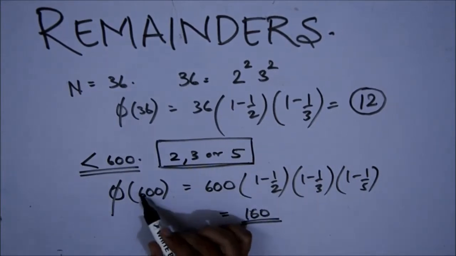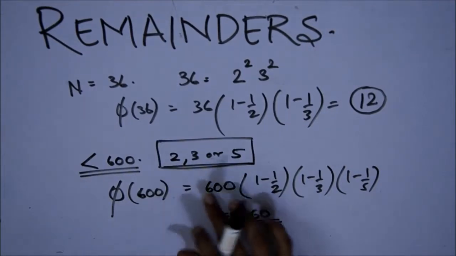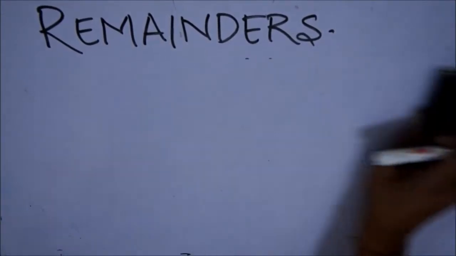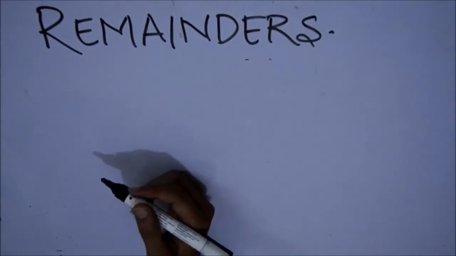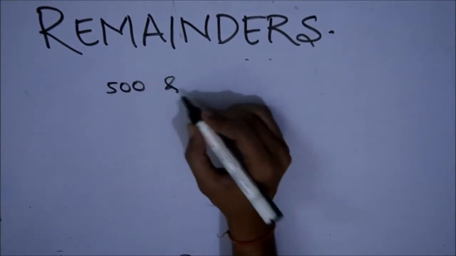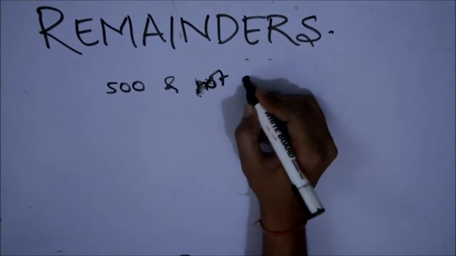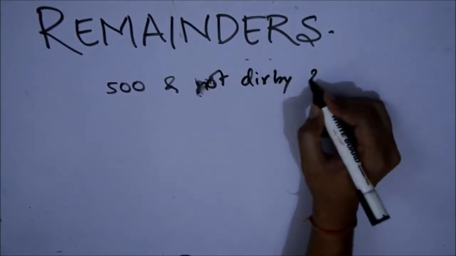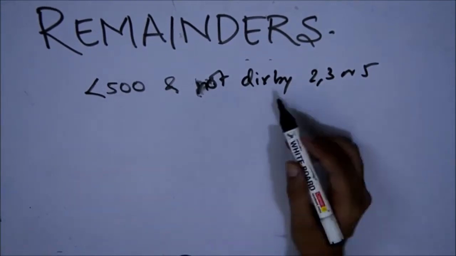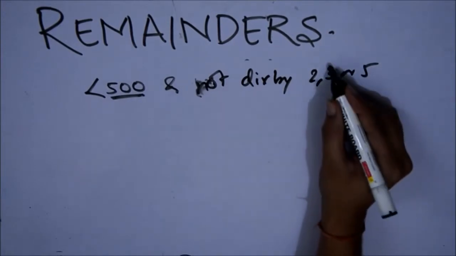Now since 600 has all these three factors, it is easier to calculate. What if it is not a factor? For example, if we have to calculate the number of numbers that are less than 500 and not divisible by 2, 3 or 5. Now 500 does not have the prime factor 3.